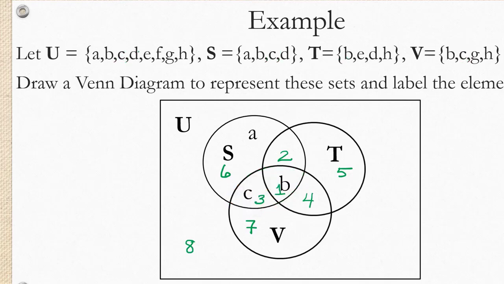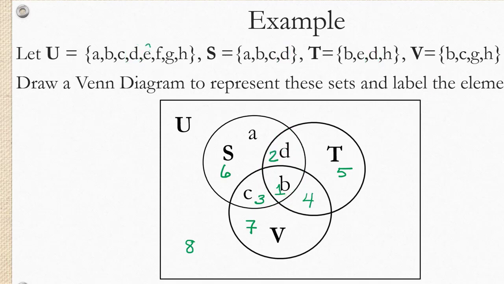How about element D? Element D is in S and it's in T, but it's not in V. So S and T overlap here with regions 1 and 2. We have one more piece of information. It's not in V, and region 1 is in V. So it must be that D is in region 2.